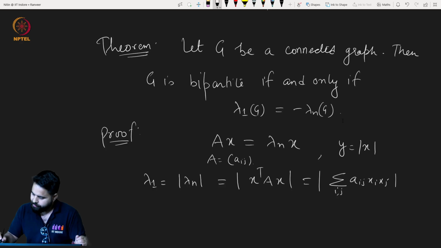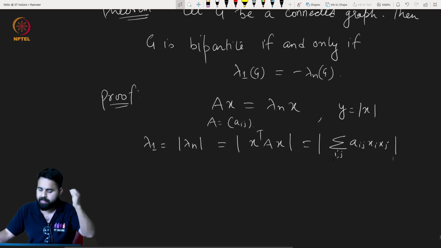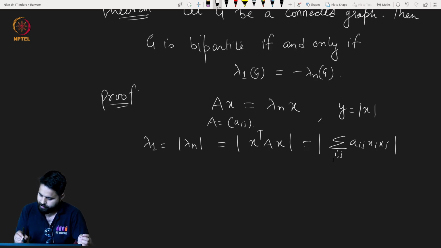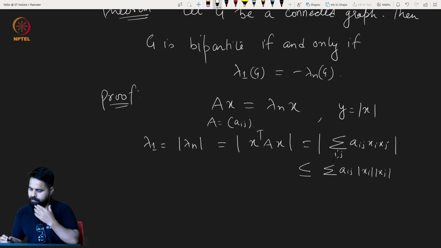Now this quantity, if you see carefully, will always be less than or equal to the summation, since a_ij is positive, of a_ij mod x_i mod x_j. This is very simple, because x_i and x_j can be negative.